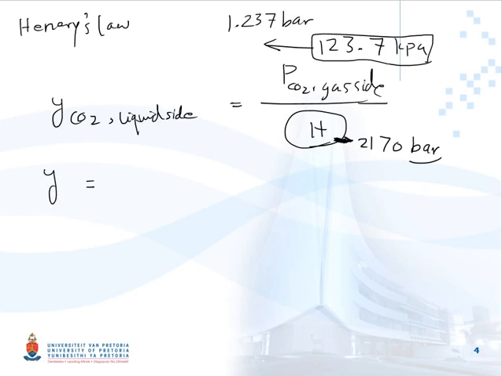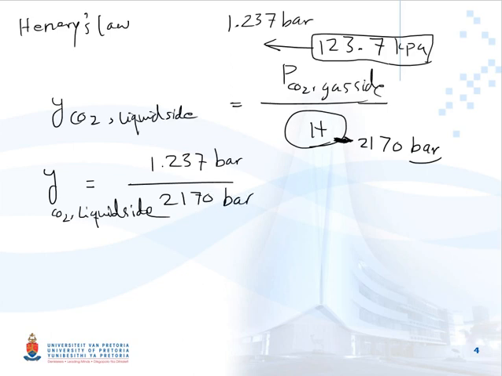So then the mole fraction of carbon dioxide in the drink, liquid side, let me just write it down, is 1.237 bar divided by 2170 bar, which is equal to 5.7 times 10 to the power of minus 4. Okay, now we find this one from this mole fraction of carbon dioxide in the drink.